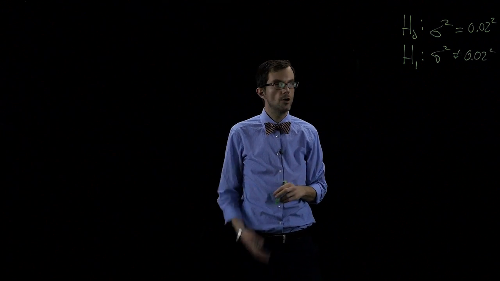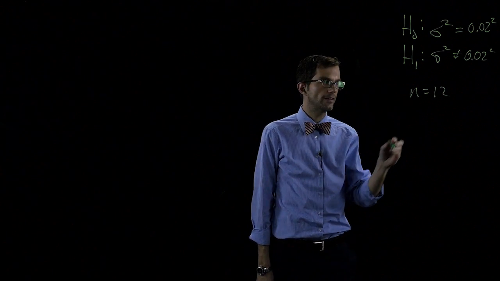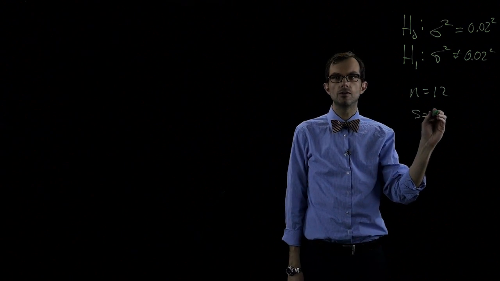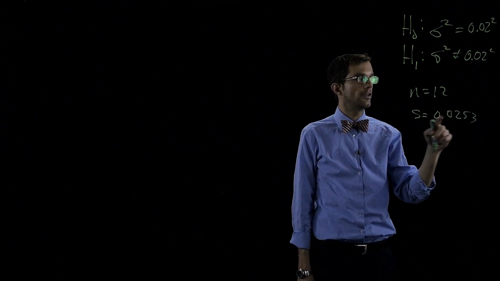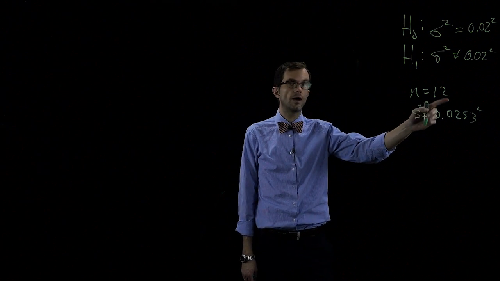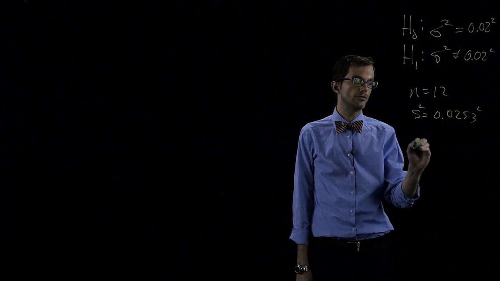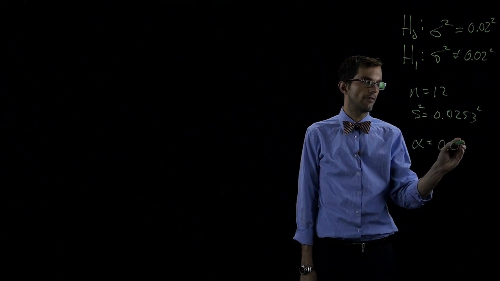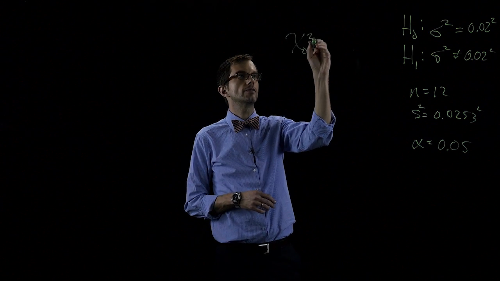We go and collect a sample of size 12, and we find that the sample standard deviation is 0.0253. Therefore, the variance would be 0.0253 squared. And we want to draw conclusions with 95% confidence. So let's take a look at this chi-square test statistic.